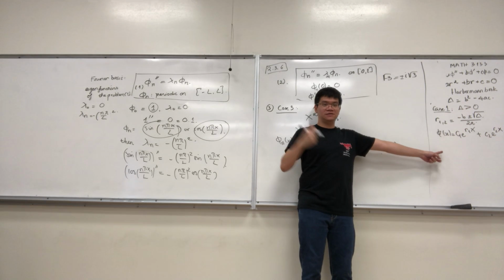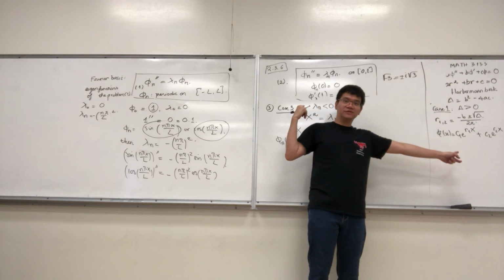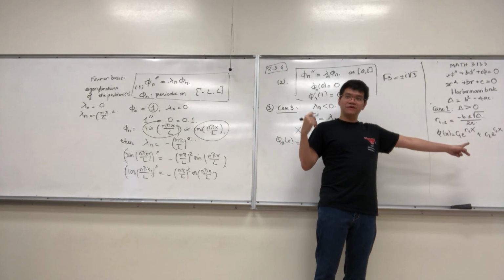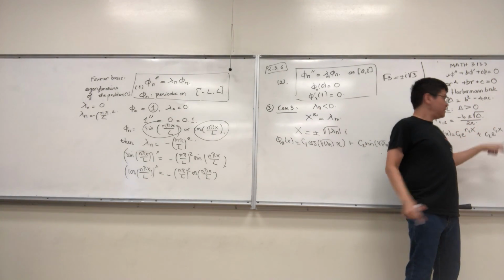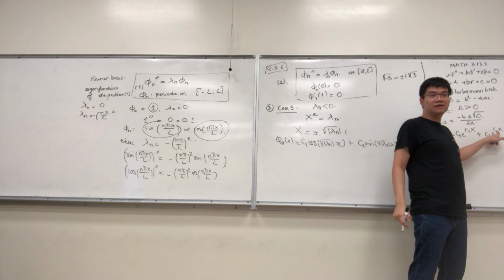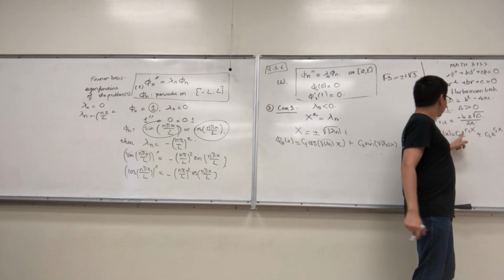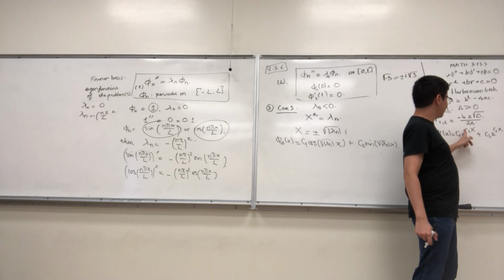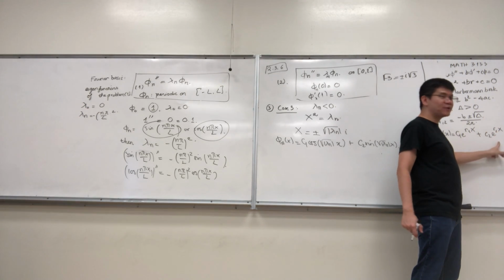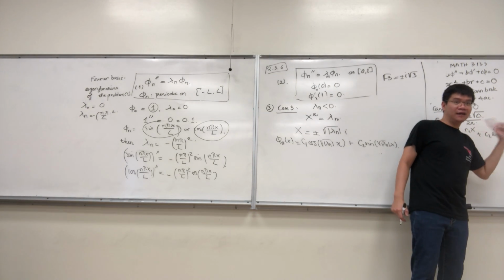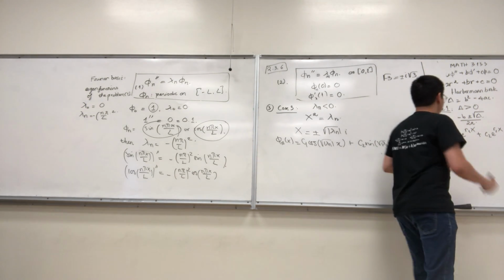This is our first case that we considered previously, right? In the previous case, you have square root of lambda and minus square root of lambda. This is why in case number 1, I put c1 exponential of square root of lambda n x plus c2 exponential minus square root of lambda n x, right? Case number 2.